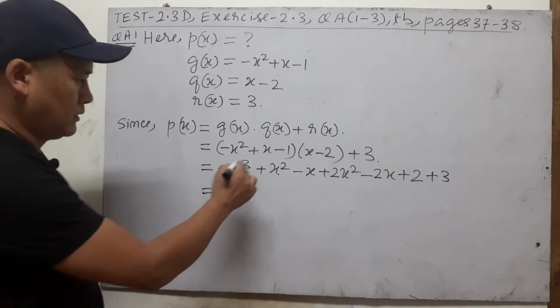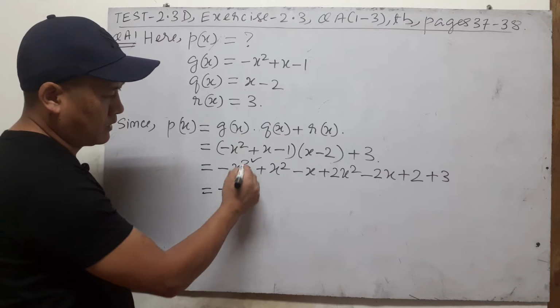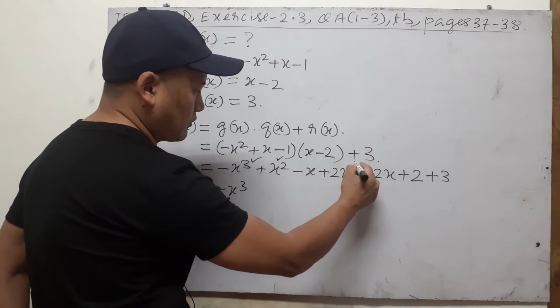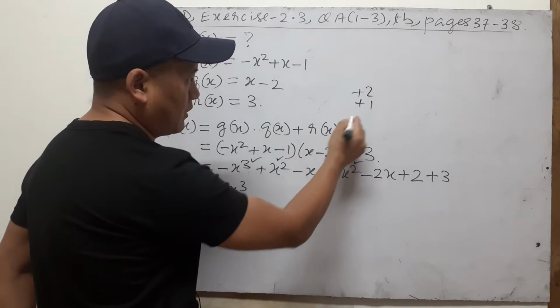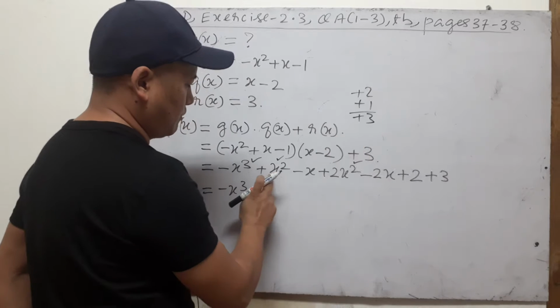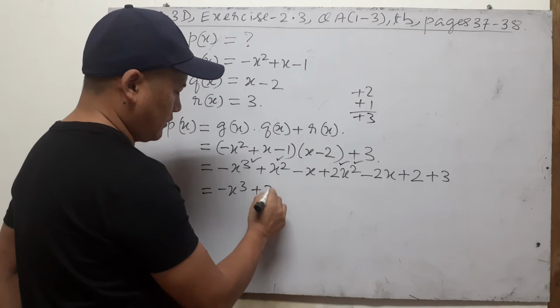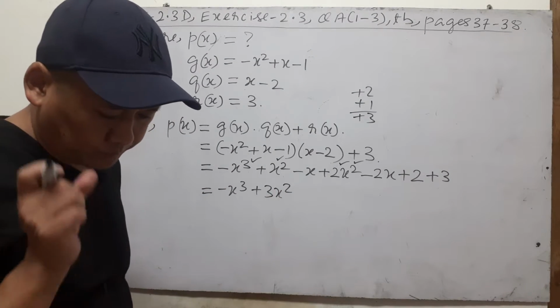Since this is the only term having x cubed power, I write minus x cubed. And here the x squared terms, like terms: plus 1x squared plus 2x squared, you can take it as plus 3x squared.